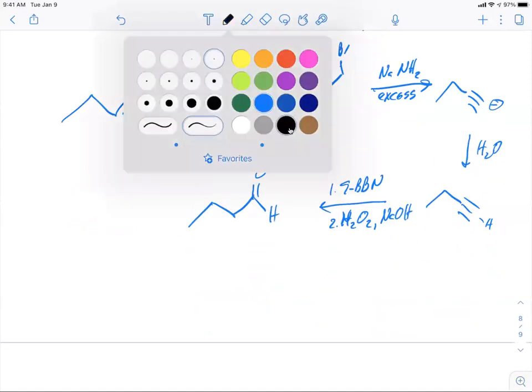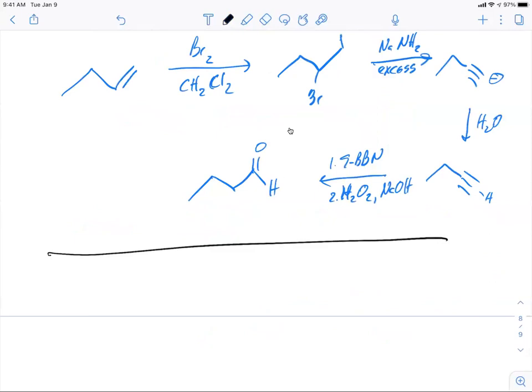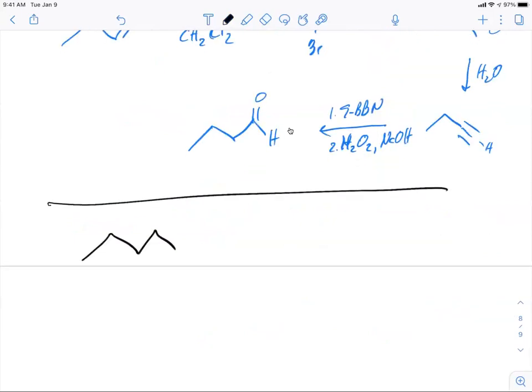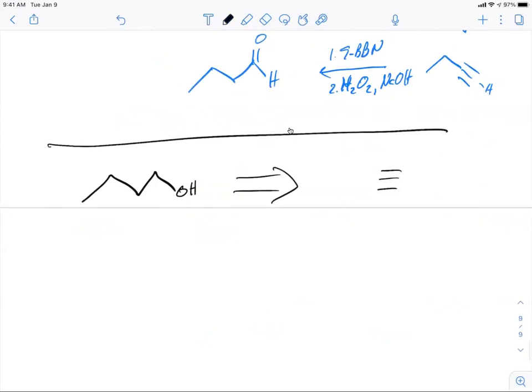All right, let's do one more. We got a couple minutes. In the last one, we had one where we knew we needed an alkyne to end up with the aldehyde.